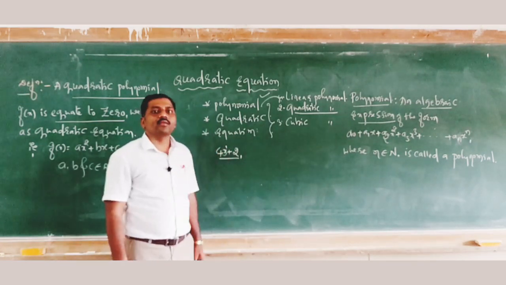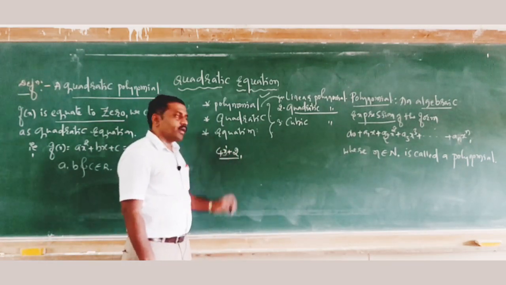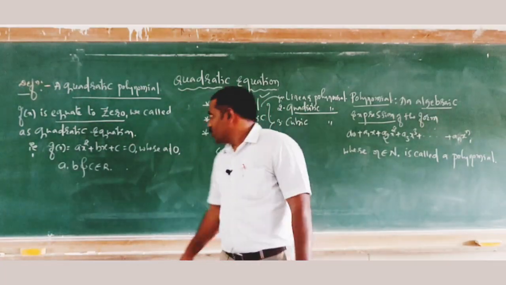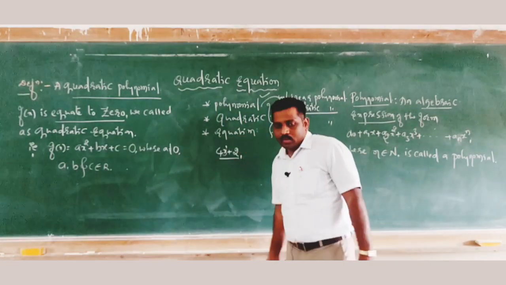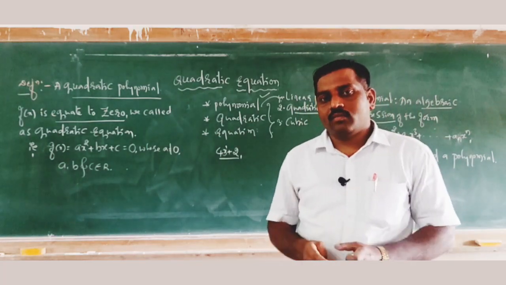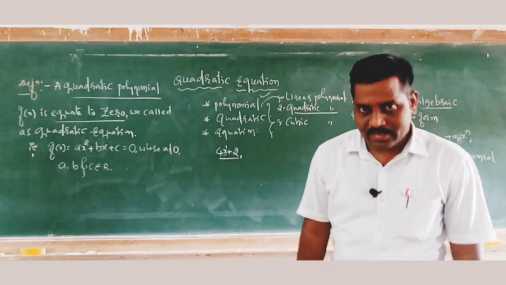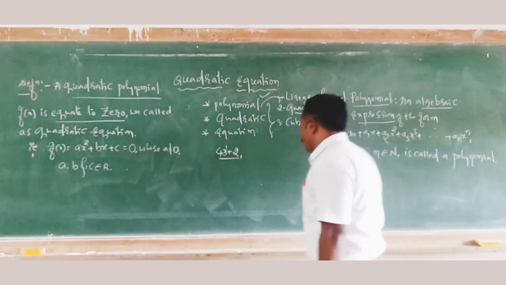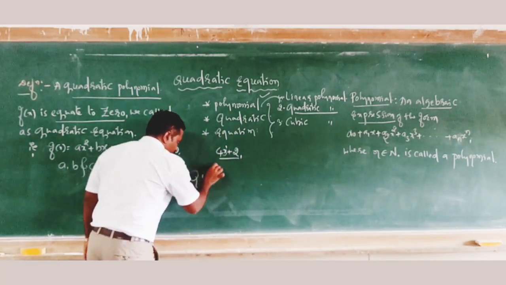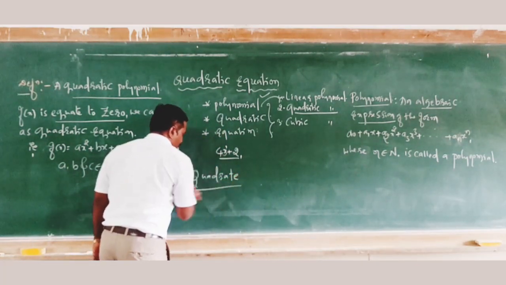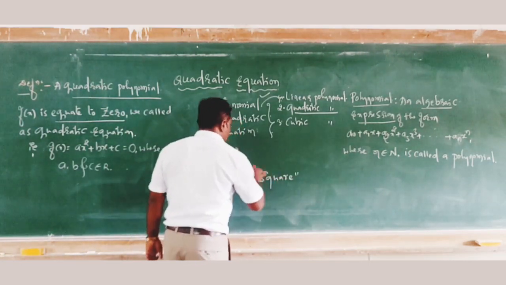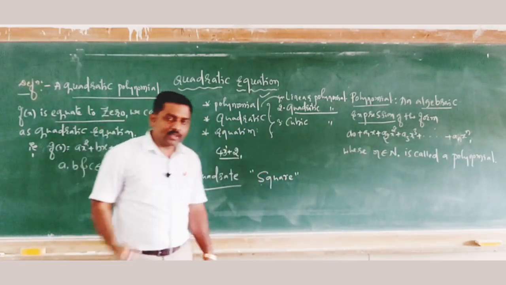A polynomial of degree 1 is nothing but a linear polynomial. Quadratic polynomial: the word quadratic has been derived from quadrat. Quadrat means square, that is 2.